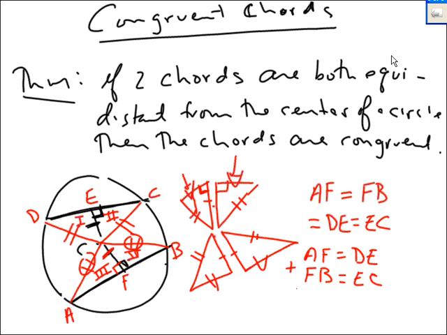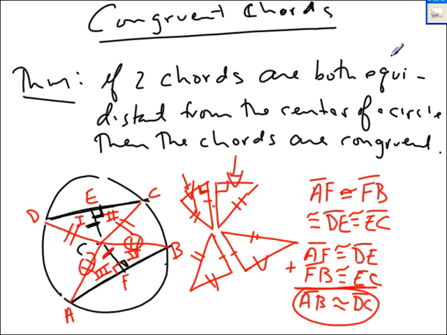So if I add these, and when I say equal, you know me by now, I mean congruent. AF plus FB, that's just AB. And EC plus DE is just DC. And all of these are line segments, so they get the line above them. So AB and DC, they really are congruent. There's no way around it. They honestly are.